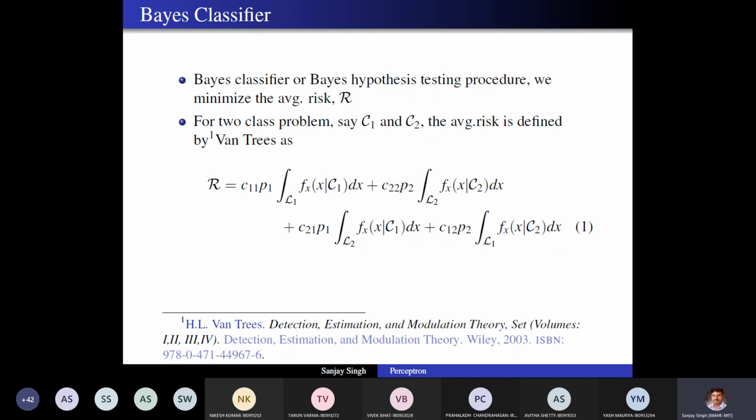Now you tell me, any one of you, without quantifying, any rough guess: if I say C11, C22, C21, C12, comparing C11 and C21, which should be high? Which cost should be high? Misclassification cost or correct classification cost? Which should be high?